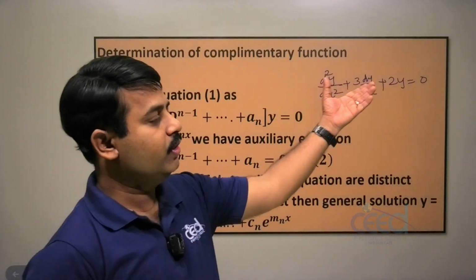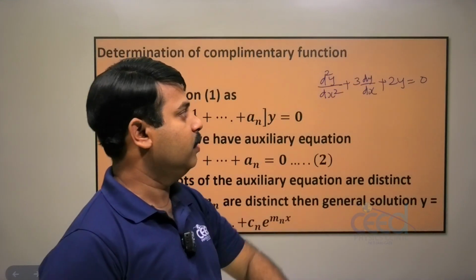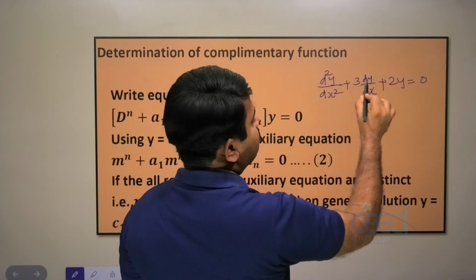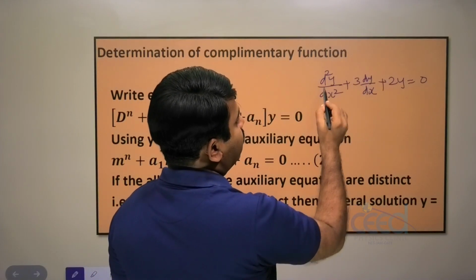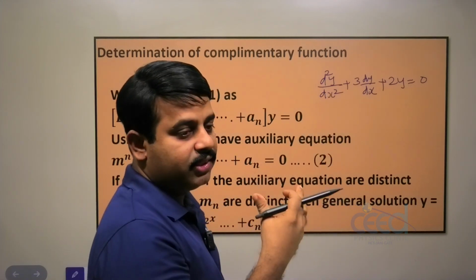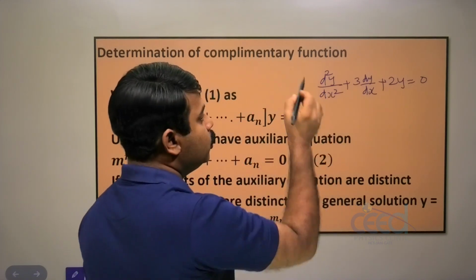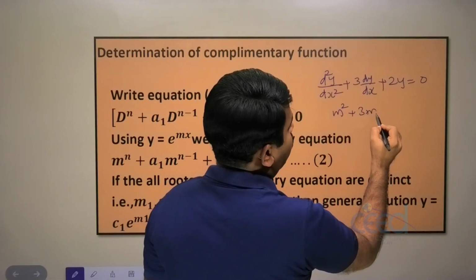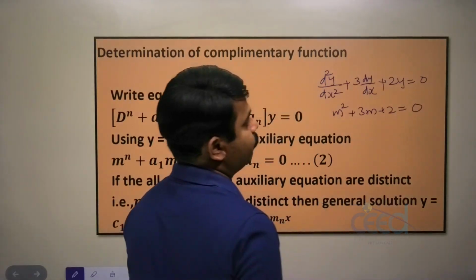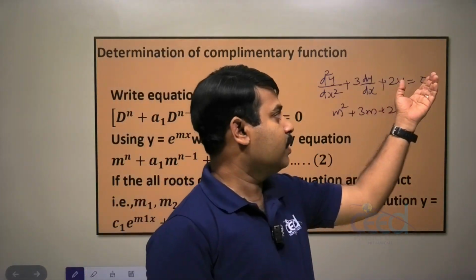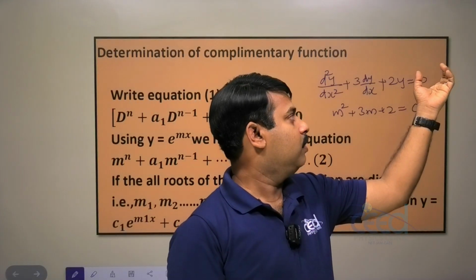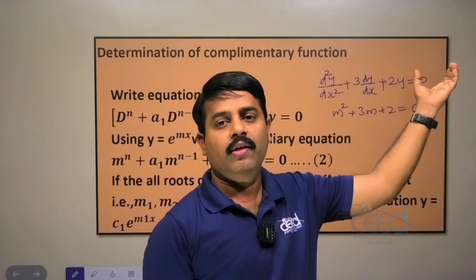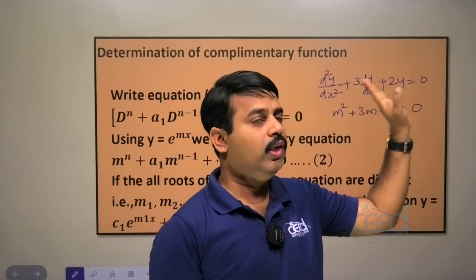First write this in the format: consider dy/dx as an arbitrary constant m. We write this as m^2 plus 3m plus 2 equal to 0. Here we consider no function on the right side; we equate it to 0 only.